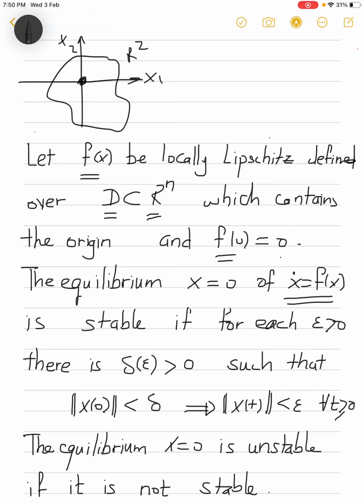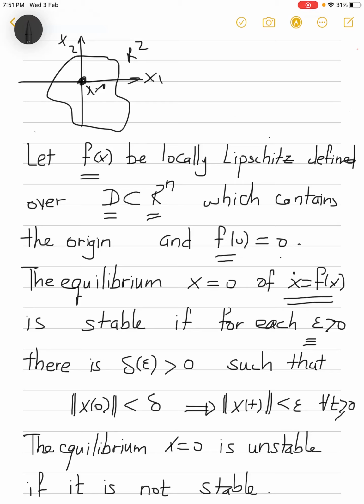Now, if the origin is the equilibrium point, then we say that this equilibrium point is stable if we can select some positive number epsilon, a sphere in the hyperspace of dimension n of radius epsilon.